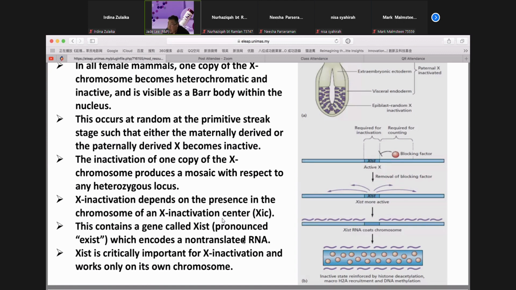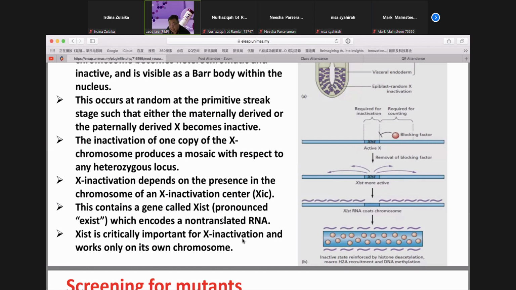So the inactivation of one copy of the X chromosome produces a mosaic with respect to any heterozygous locus. X inactivation depends on the presence of the X inactivation center, which contains a gene called Xist, which encodes a non-translated RNA. So Xist is critically important for X inactivation and works only on its own chromosome.